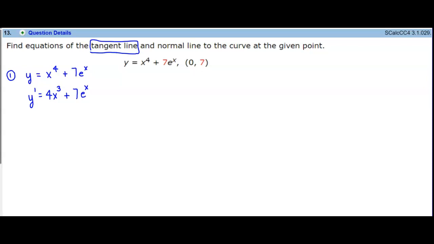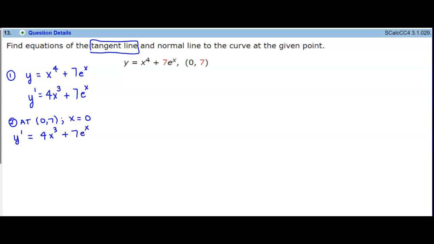So we're looking at the following point. At the point that's given, the point (0, 7), we know that x is going to equal 0. So we're going to plug it into the derivative function. So we have y prime, which is equal to 4x cubed plus 7e to the x.